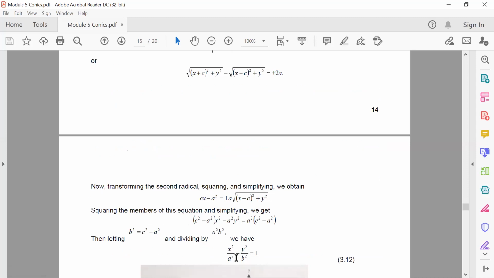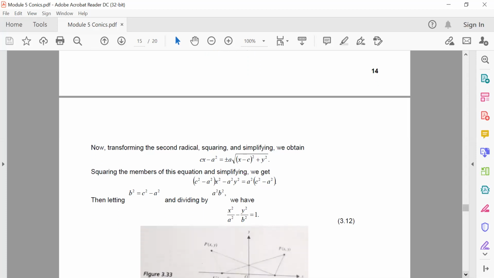So kung mapapansin nyo, class, minus kasi difference ng dalawang foci eh. Sa ellipse, sum of foci, right? The sum of the distances of foci. So dito, this is the hyperbola with center at the origin. So ganun pa din.